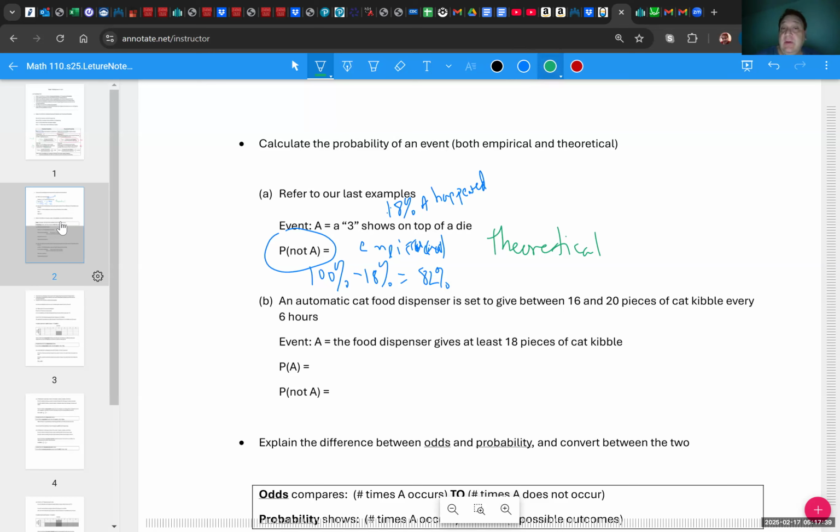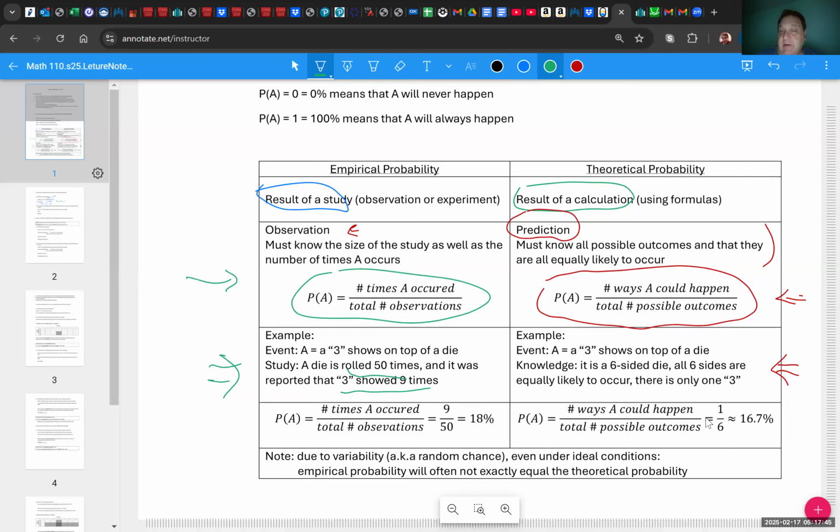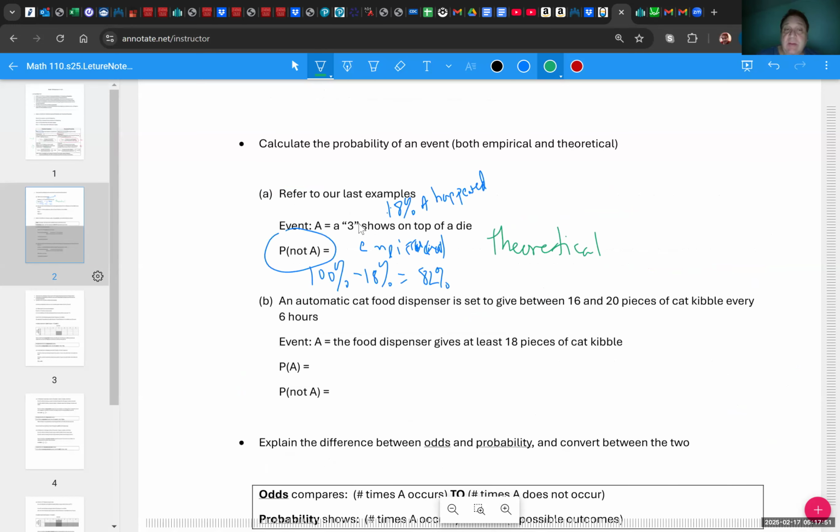And for theoretical, it was 1 out of 6 or 16.7%. I'll just verify that with you. 16.7% was the amount for the theoretical probability of a 3 coming up. So what's the probability that not A happens? Well, we know that 16.7% A happened for the theoretical version.